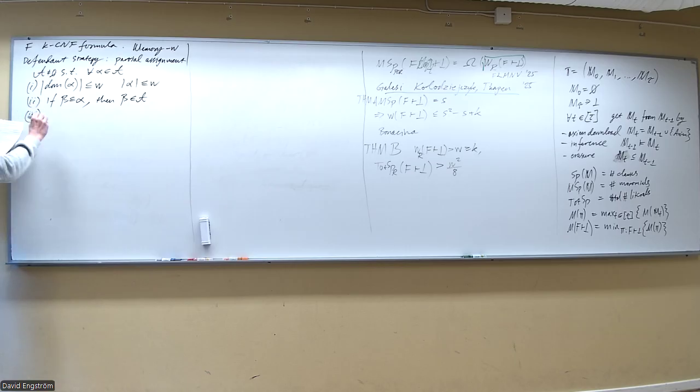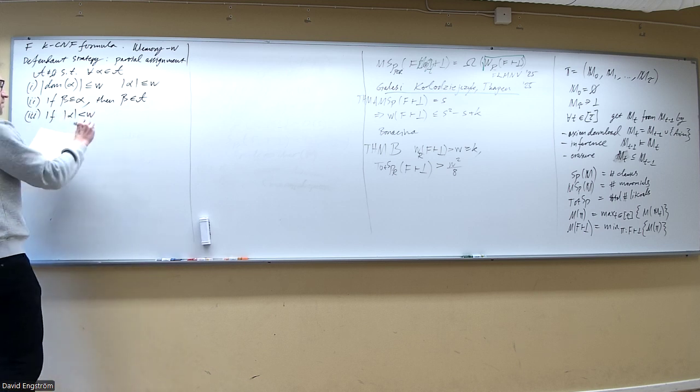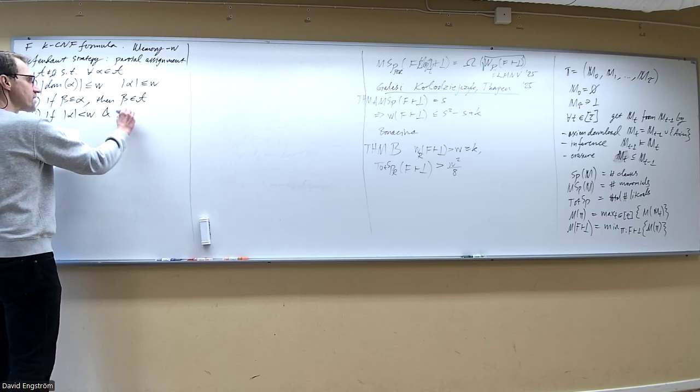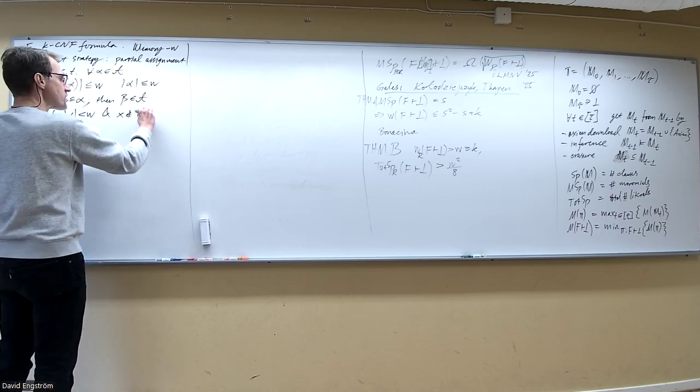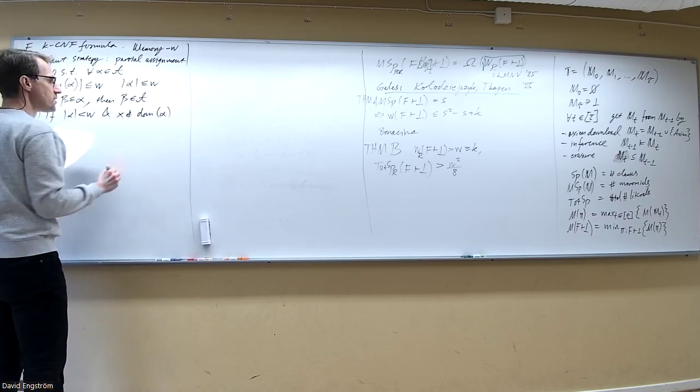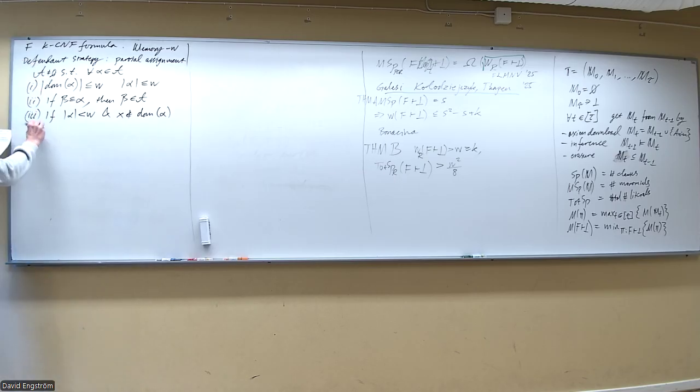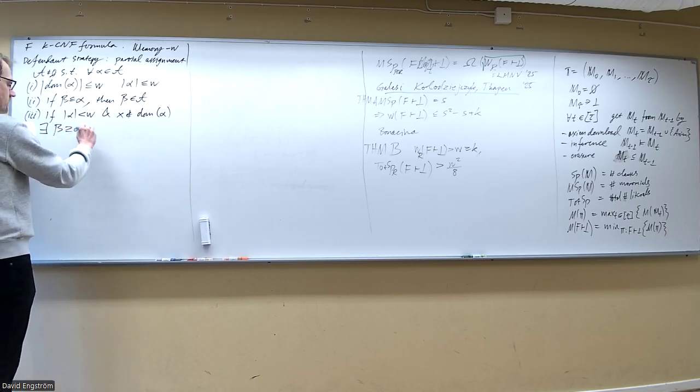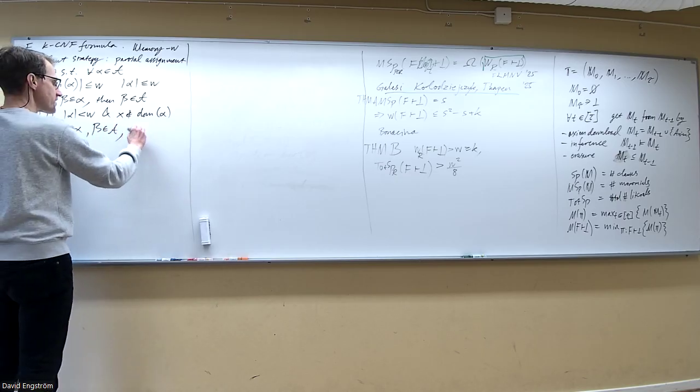An even more important property is that if alpha is strictly smaller than W, and if X is a variable that is not in the domain of alpha, then there exists a beta that is a superset of alpha that is in the strategy and has X in the domain.